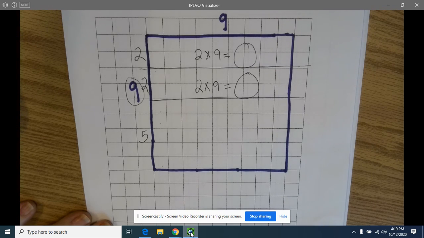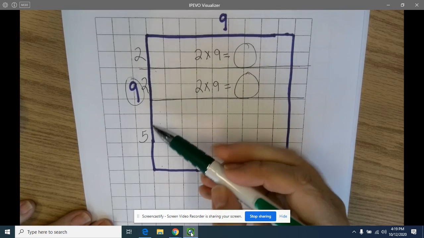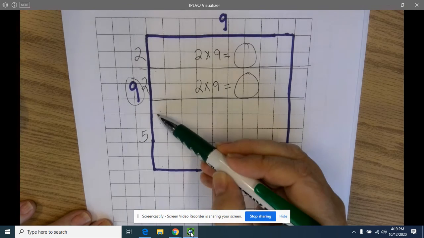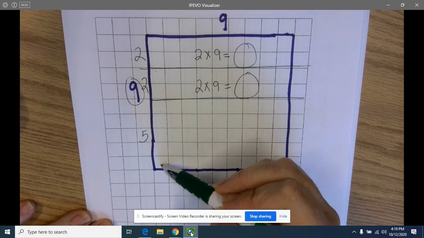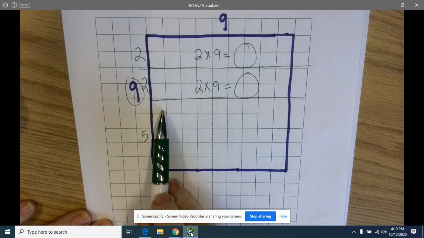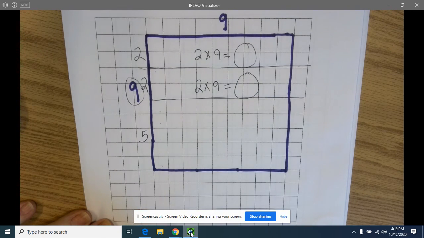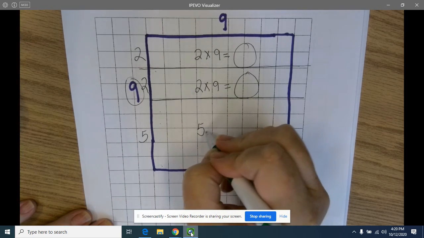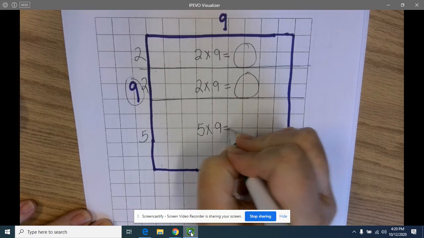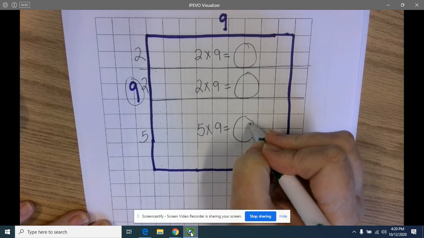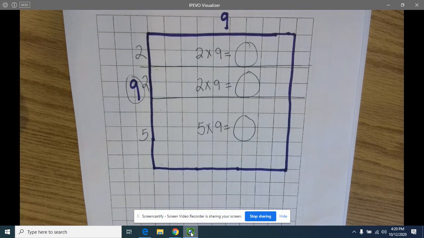And now we have our larger array. We've got it labeled here. 1, 2, 3, 4, 5. I have 5 rows of how many columns? If you said 5 rows of 9 columns, you are correct. All right. So what is 2 times 9?